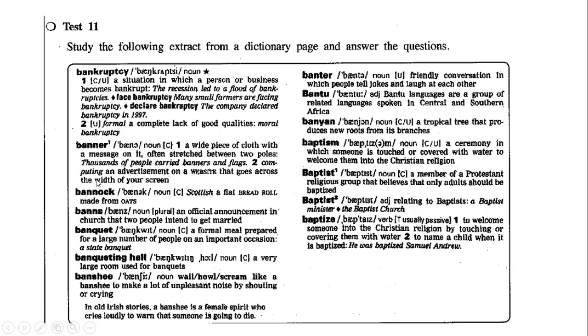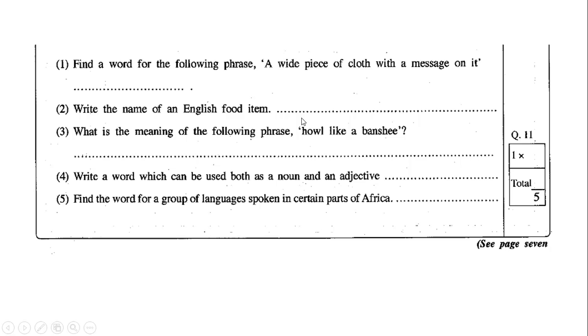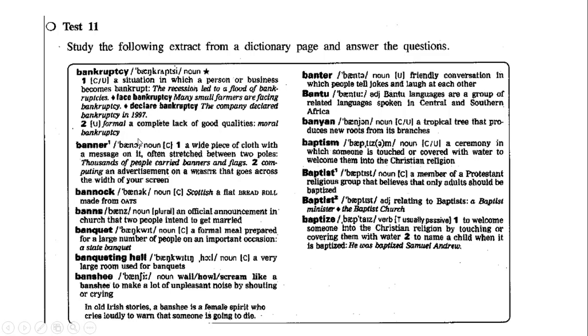Bankruptcy, banner, bannock, bands, banquet, banquet hall, banshee, banter, bantu, banyan, baptism, baptist, again baptist, and baptize. We'll see the questions. Find a word for the following phrase. A wide piece of cloth with a message in it. Here it is. What is it?